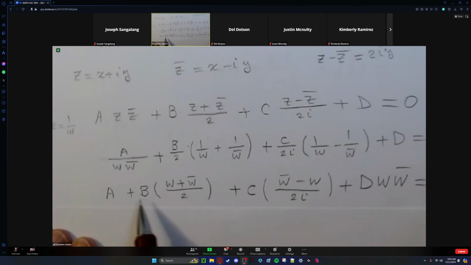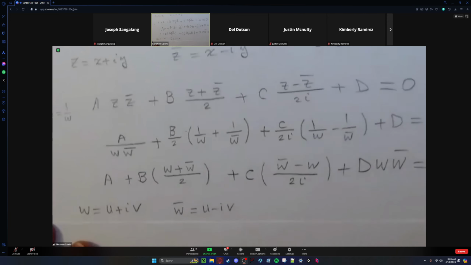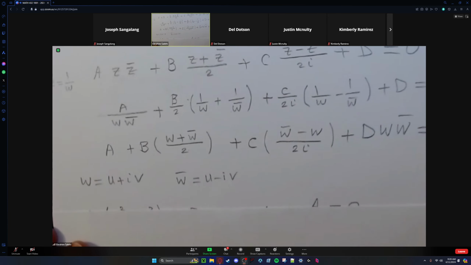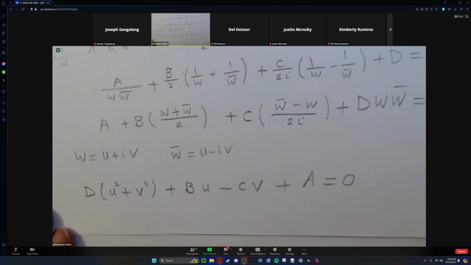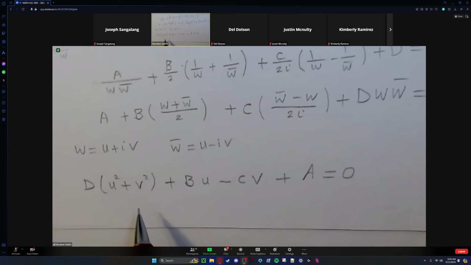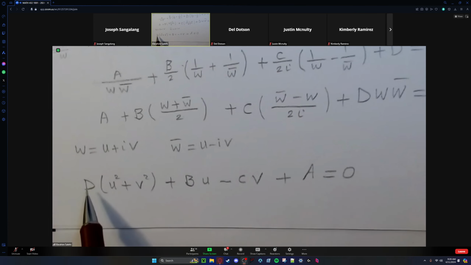This is what we get. And this is the equation in the UV plane. Remember, w is u plus iv. And if you replace w by u plus iv, this is what we get in the w plane, which is the equation of either a circle or a straight line. If D is 0, you get a straight line. If D is not 0, you get a circle, okay?